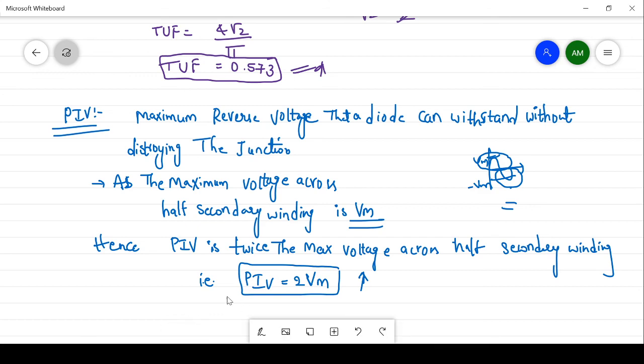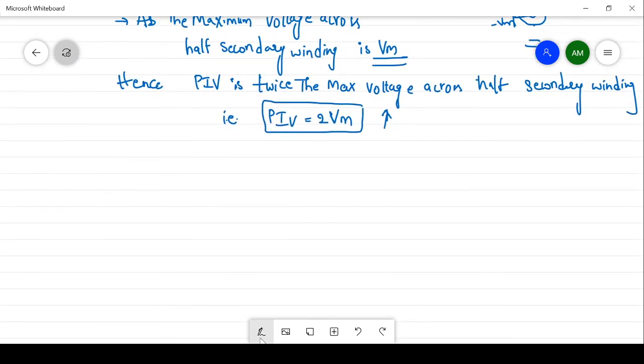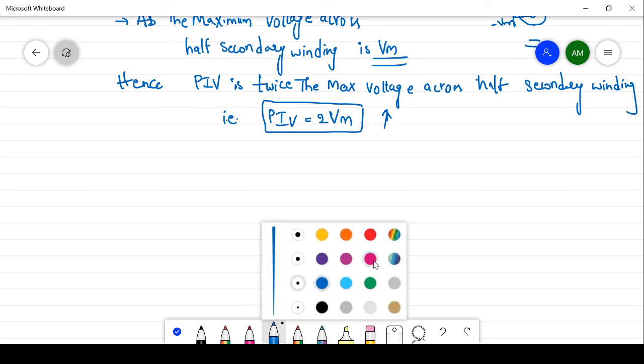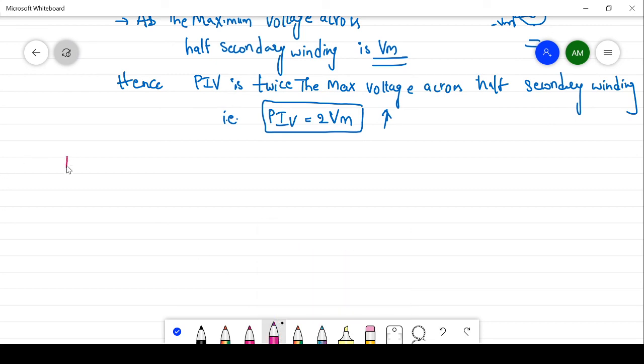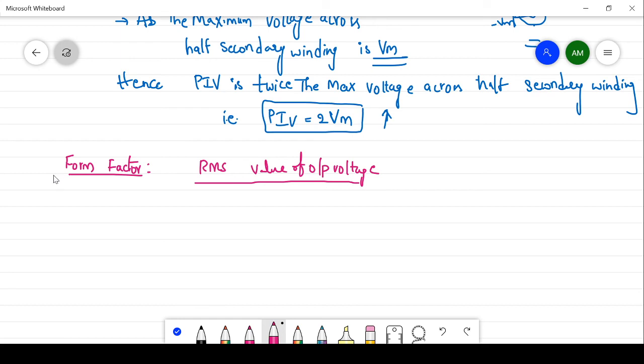Okay, so now form factor. It is the ratio of the RMS value of output voltage to the average value of the output voltage, that is, the DC value of output voltage.